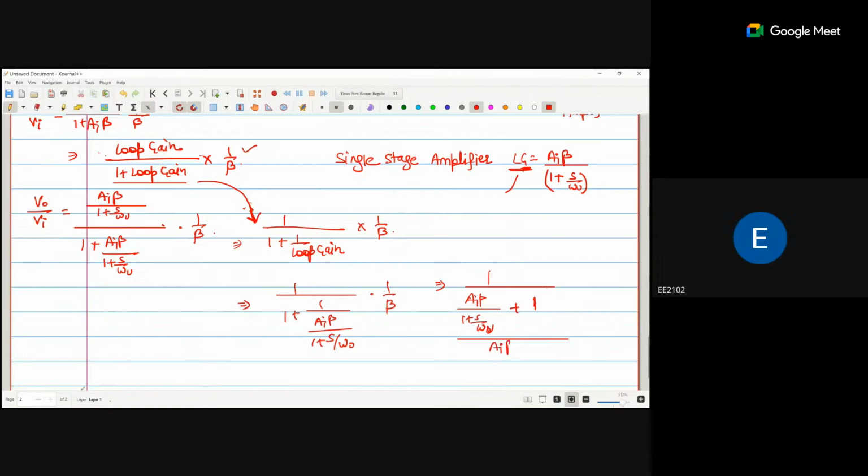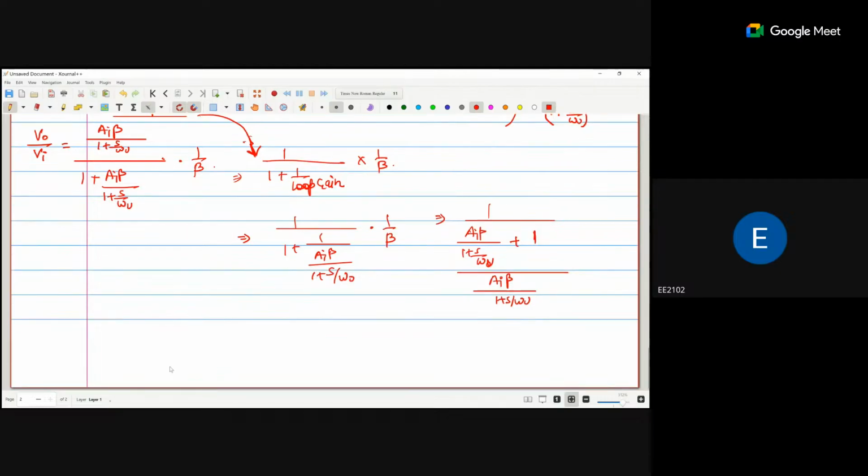Aβ upon 1 plus S upon ωu. Again, if we solve it, 1 upon 1 plus Aβ plus S upon ωu, whole divided by Aβ upon 1 plus S upon ωu. It is multiply, I can take into the divide.